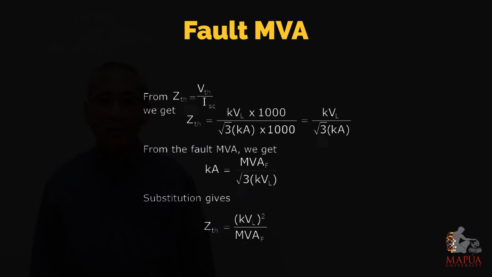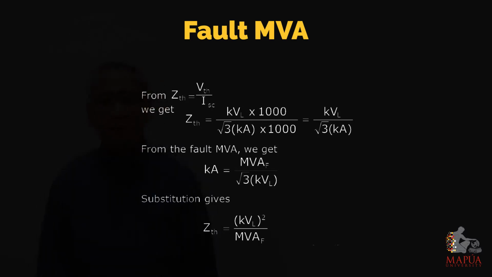And the Thevenin impedance is equal to the Thevenin voltage divided by the short circuit current. So from there and the previous equation, we can now get the Thevenin impedance to be equal to the nominal line-to-line voltage divided by the square root of 3 divided by the short circuit current multiplied by 1000.